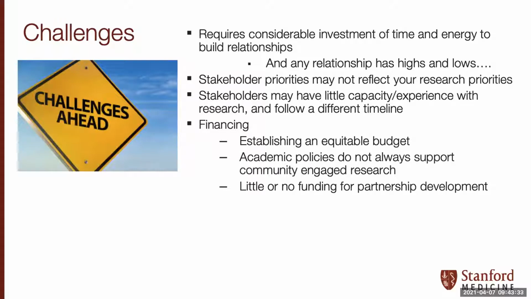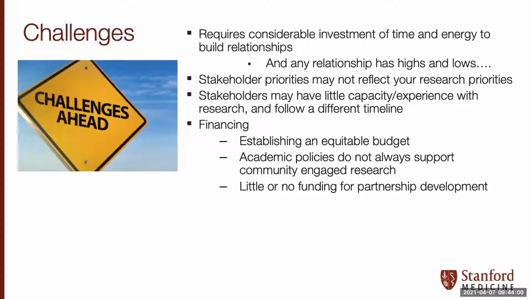Another one is finances. So Lisa alluded a little bit to this, in which oftentimes our budgets, our finances dictate what we need to do to fund our labs, to fund all of you, to fund staff, to help students. And that might not necessarily align with some of the priorities from our community partners. It can also be very hard to do an equitable budget.